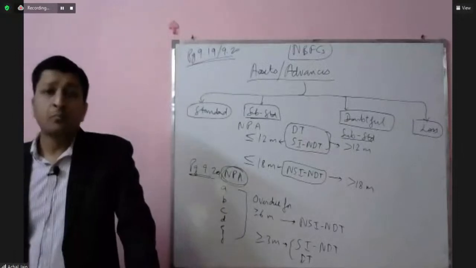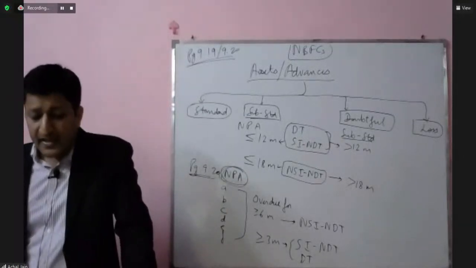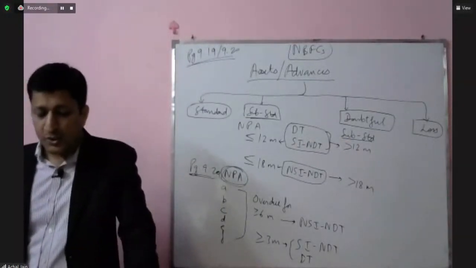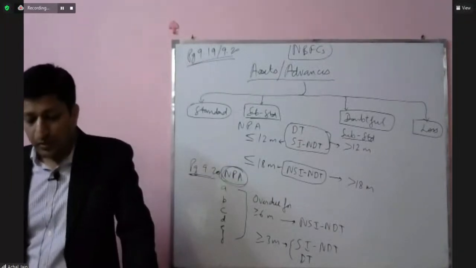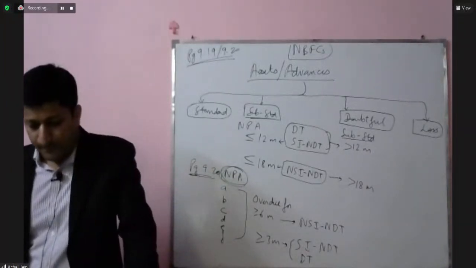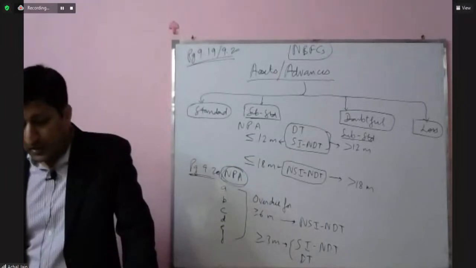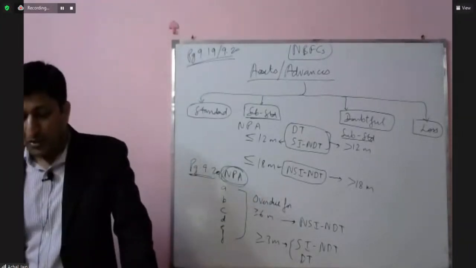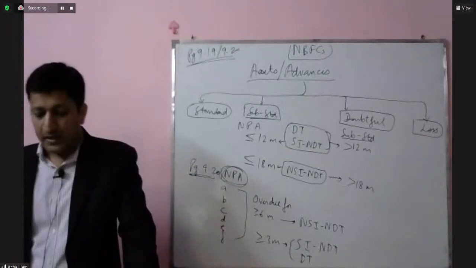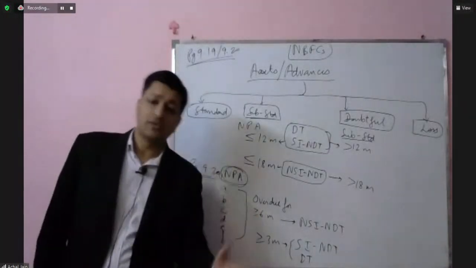Point number G. Lease rental and hire purchase installment which is overdue for 3 months or more. However, if it is non-systemically important, non-deposit taking, then this 3 months will change to 12 months.